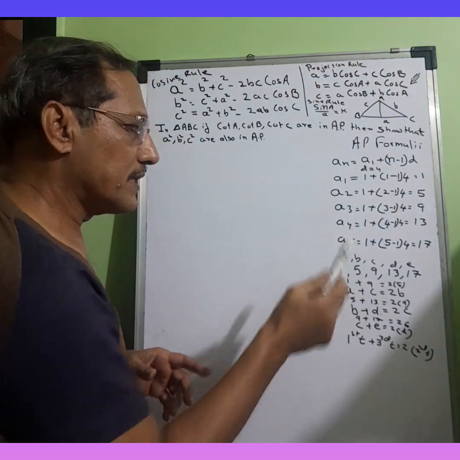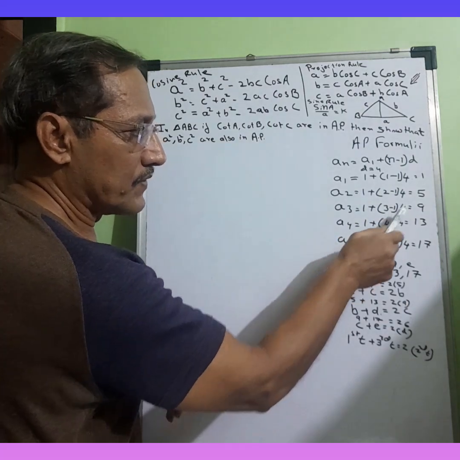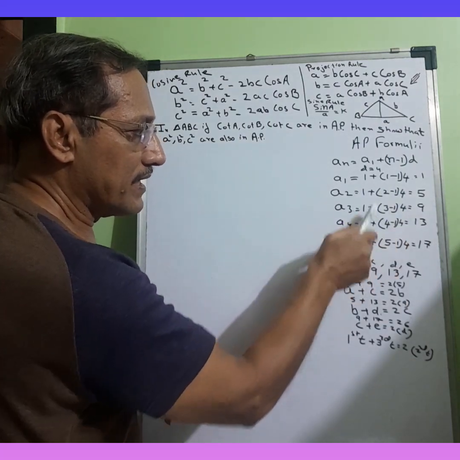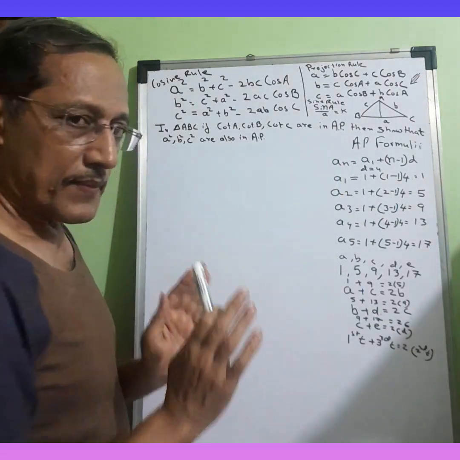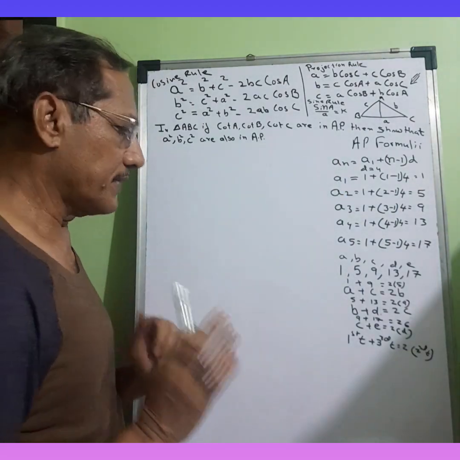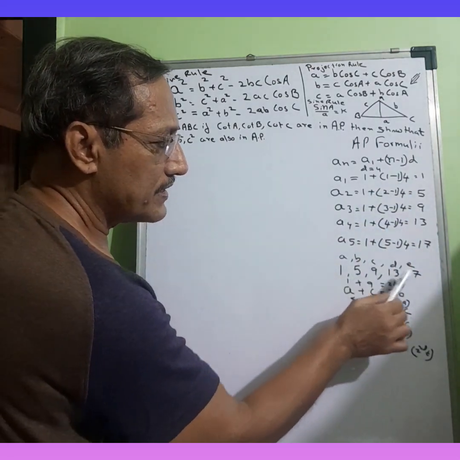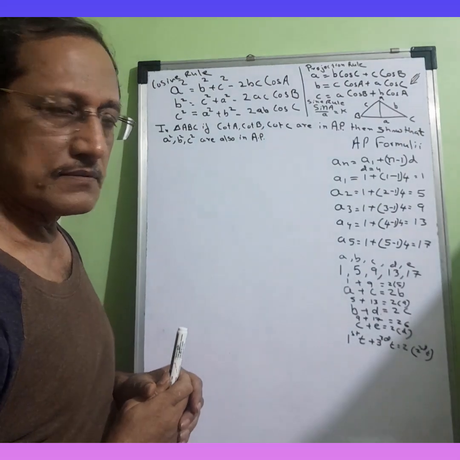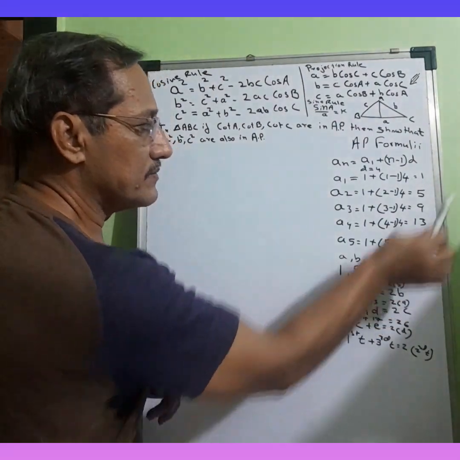Third term, identically 1 plus (3 minus 1) into 4, 8 plus 1 is 9, and so on and so forth. So this is the formula that we applied for AP. The numbers that we got are 1, 5, 9, 13, 17, and so on. Now I just assign them to be A, B, C, D, E.